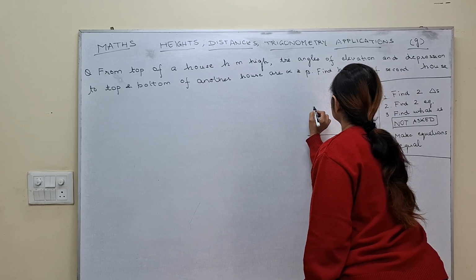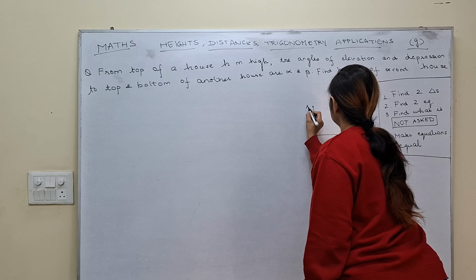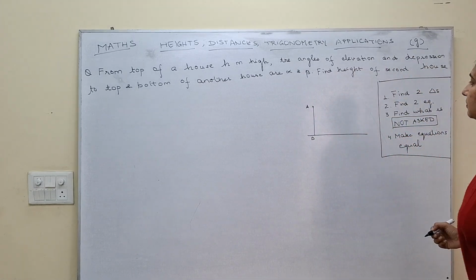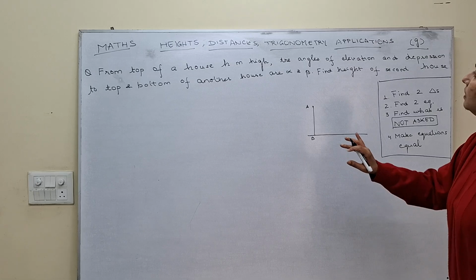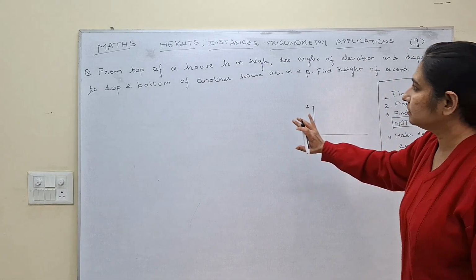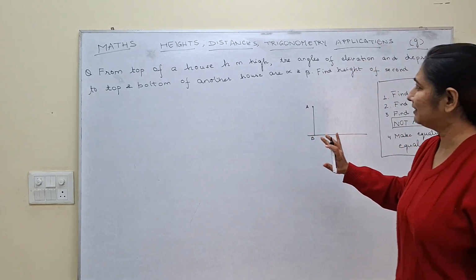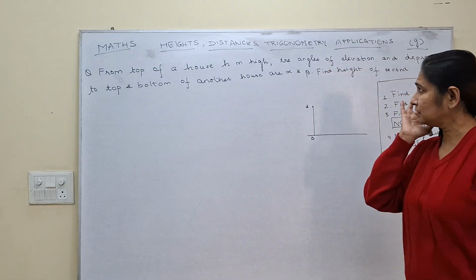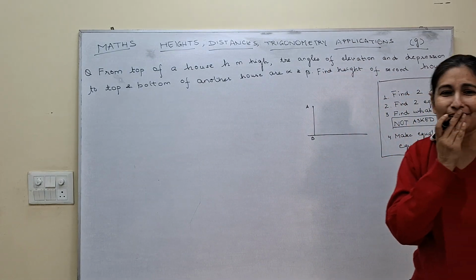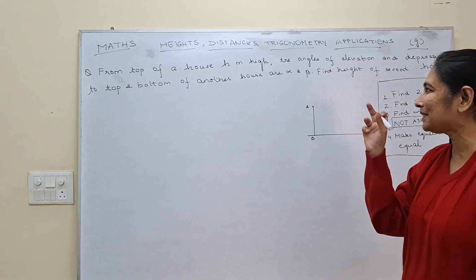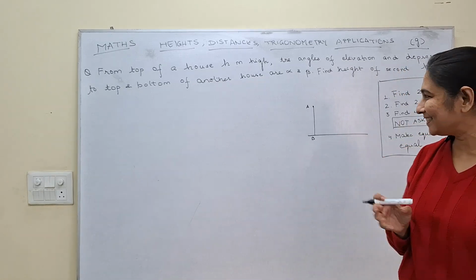This is the house AB. The angle of elevation and depression to the top and bottom of another house. My God, can't they have a simpler English? Why can't they break them into small, small sentences?